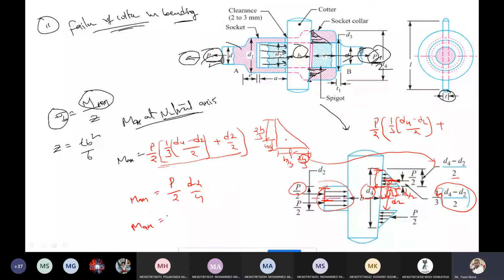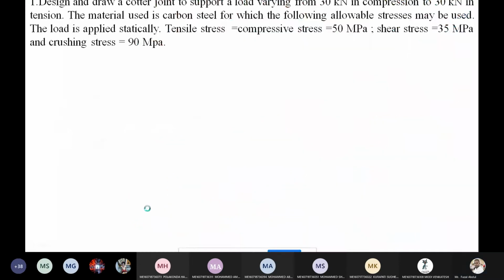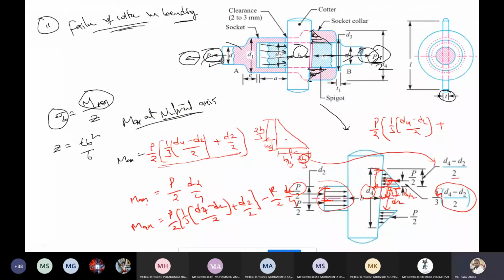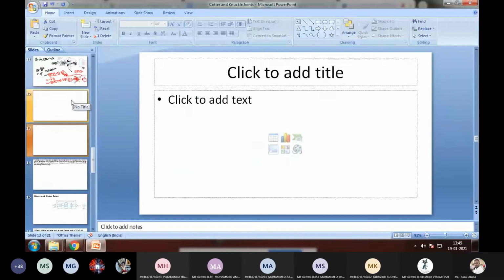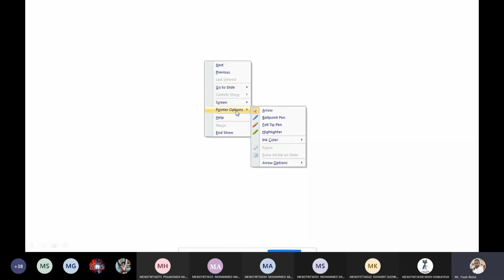Maximum bending moment equals P by 2 into [1 by 3 into D2] (D4 minus D2 by 2) plus D2 by 2, minus P2 by D2 by 4. So if we simplify this equation, what will we get?